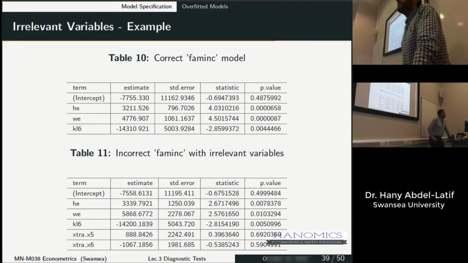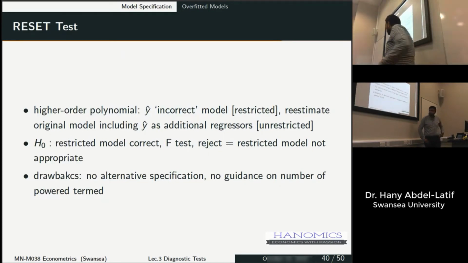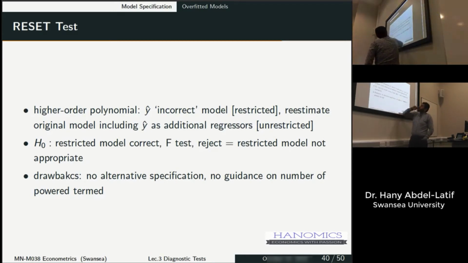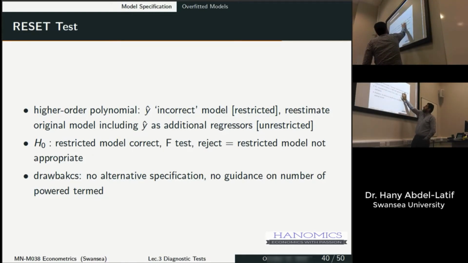So how should I test for whether I have omitted variables or not? There's a test where you estimate a model and obtain the y hat. When you estimate the model first, you call it the restricted one, and then you estimate it again, including y hat as an additional regressor, and we call this the unrestricted one because it has the additional term y hat.